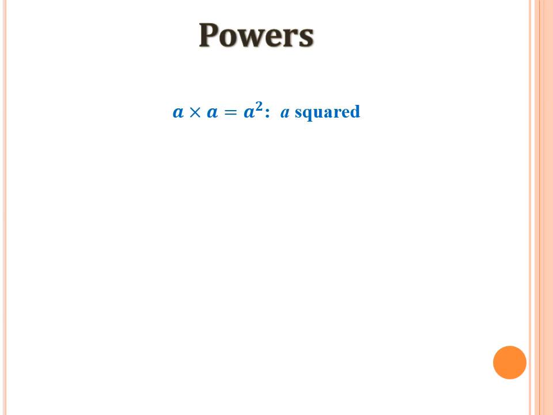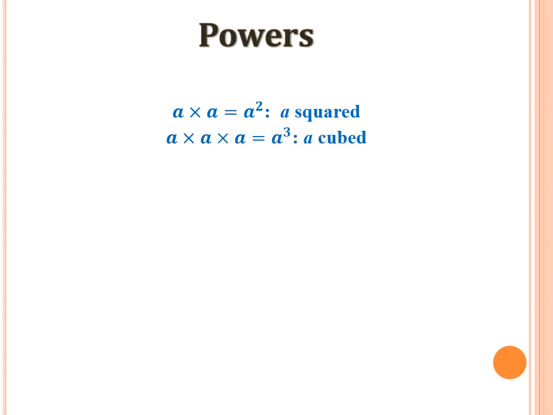Powers, starting with the rules. A to the power 1 times a to the power 1. Since we have the same base, we add the exponents, we add the powers. A is repeated 2 times, then it's a to the power 2, or a to the exponent 2, or for simplicity, a squared.